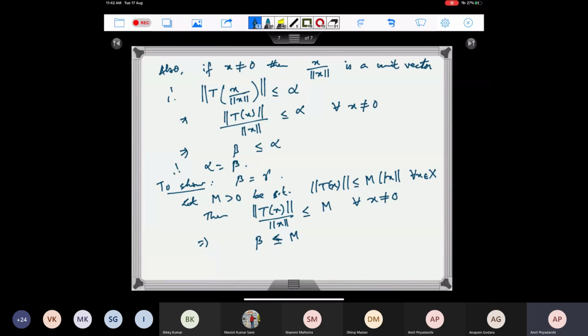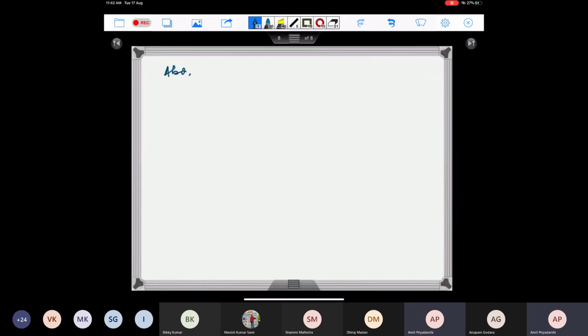Also, for any x in X, norm of Tx is less than or equal to beta times norm x, right?